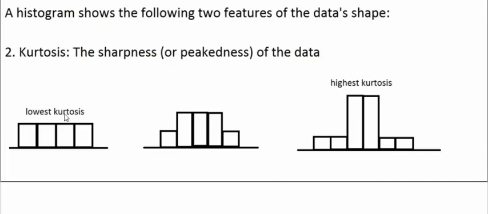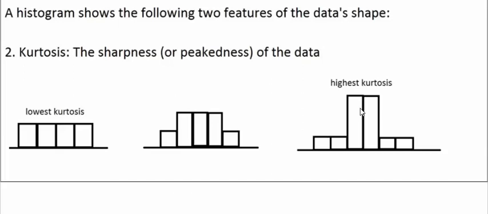So what I did here was I ordered these histograms from the lowest kurtosis up to the highest kurtosis. This first one has the lowest possible kurtosis because it's completely flat. This one is a little bit sharper, so it has a higher kurtosis. And this one is even sharper, so it has an even higher kurtosis.